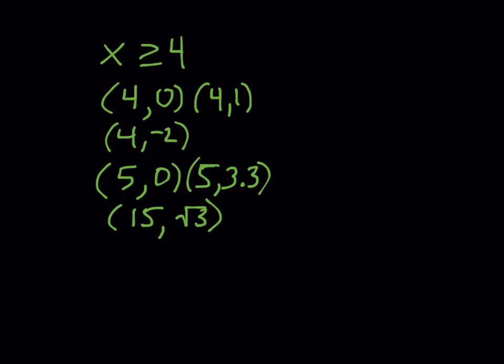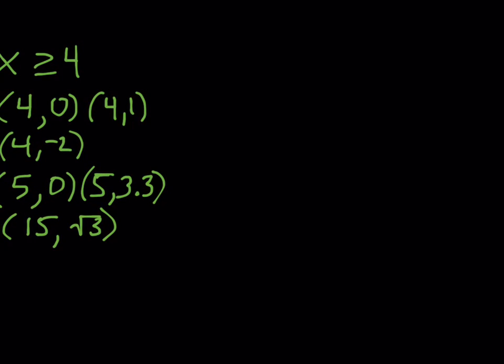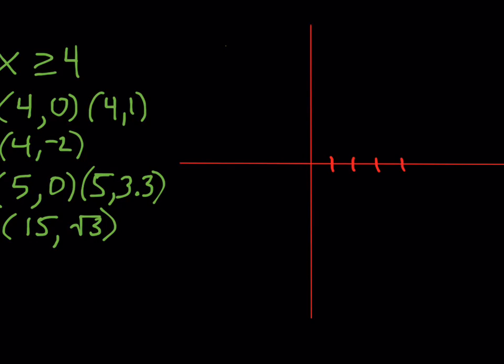So if you've seen these before, you may remember that when we go to graph this, let me slide this over. Let me go to make my graph here. So here is, we'll go 1, 2, 3, 4.